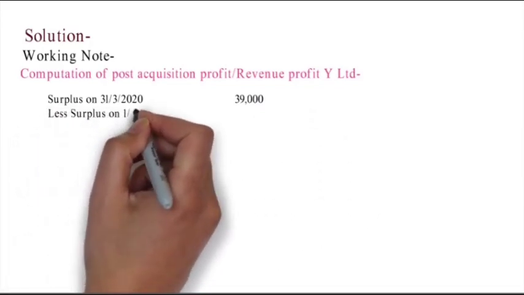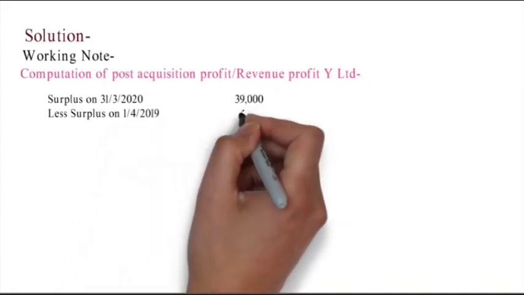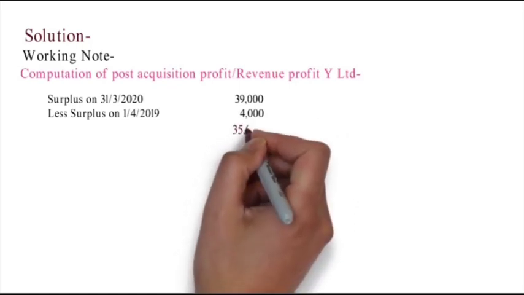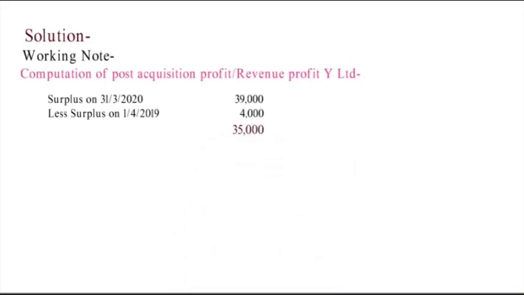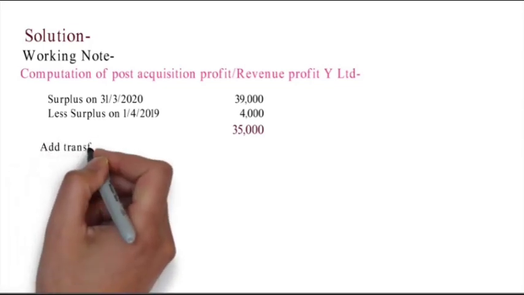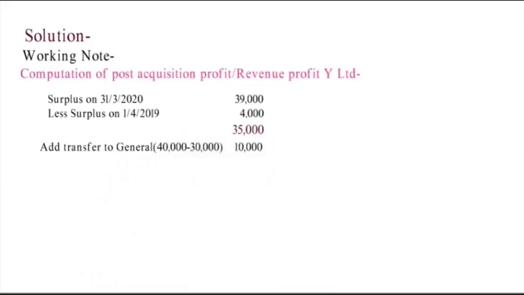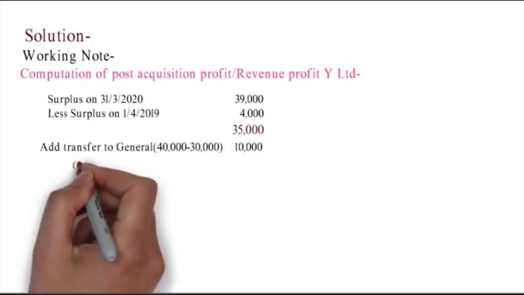From that surplus, we deduct surplus on 1st April 2019, given in our question, 4,000. 39,000 minus 4,000 comes to 35,000. In this year, we transferred 10,000 to general reserve. We add transfer to general reserve, 40,000 minus 30,000, that comes to 10,000.